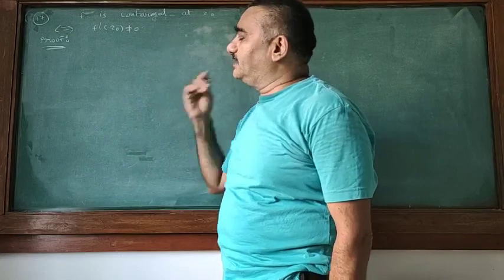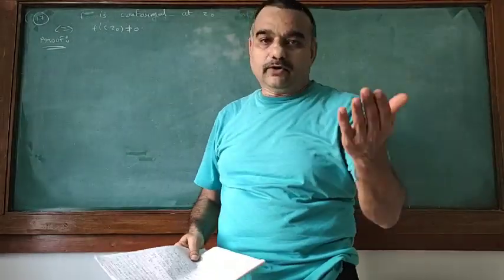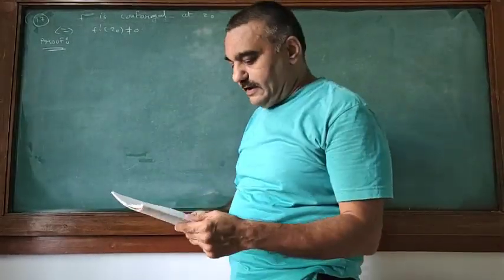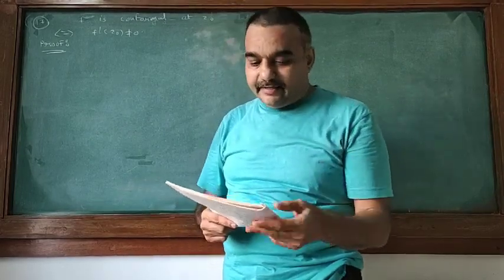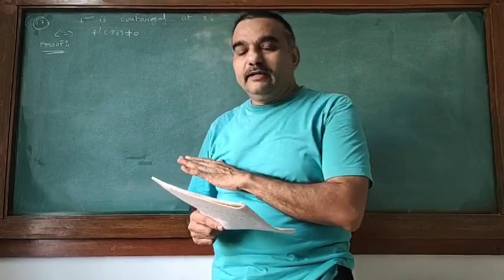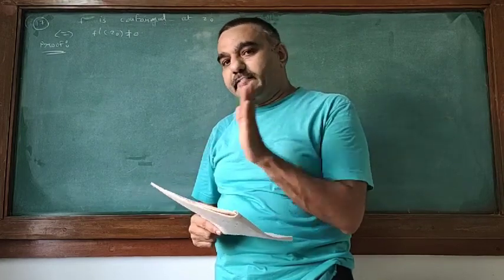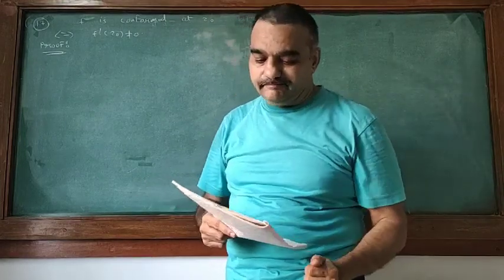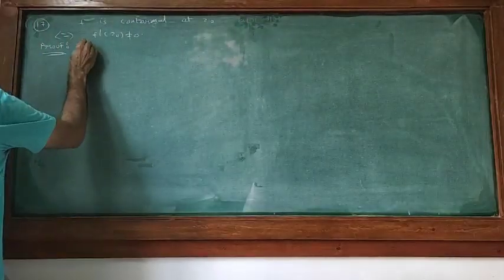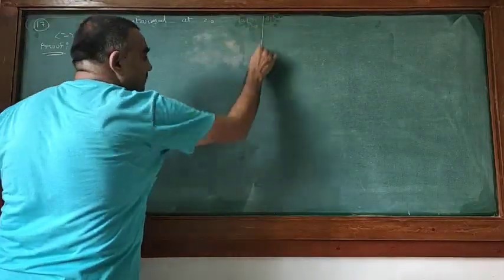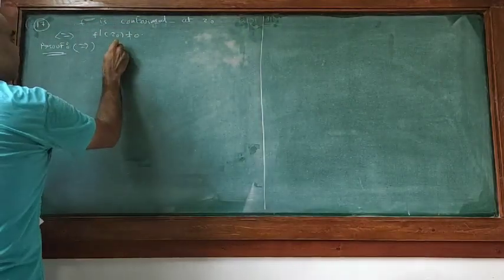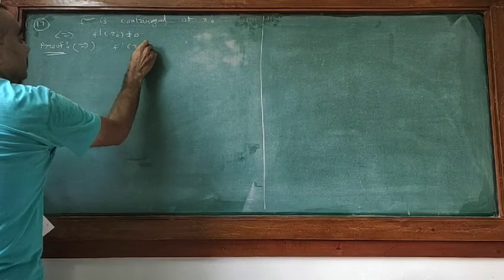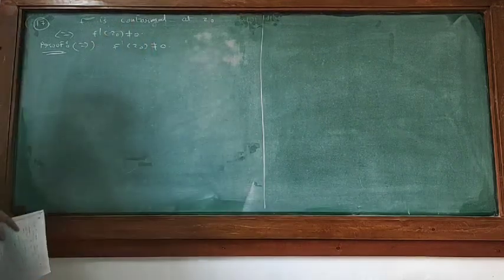That is about the necessary and sufficient condition for conformality. Prove that an analytic function f(z) is conformal at z0 if and only if the derivative at z0 is not equal to 0. So we start with part 1. f dash z0 is not equal to 0.